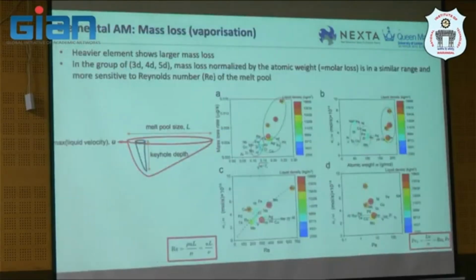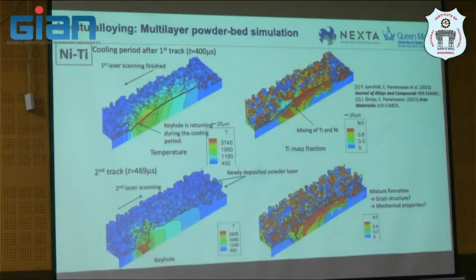So this information will feed into the work on in situ alloying, because in an ideal world, you don't want to atomize the powder every time you want to create a new composition. You want to create it on the fly using a laser. So this is the idea that, for example, with nickel titanium, you want to mix it using a laser.